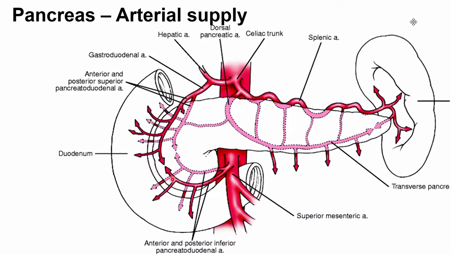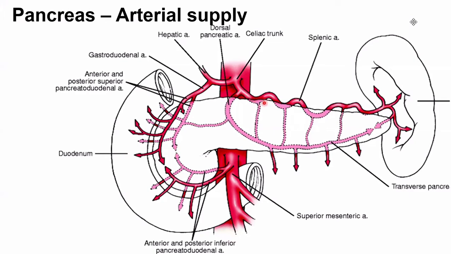And the rest will now be supplied by the superior mesenteric, hindi na sa celiac trunk. Ito yung marks also the transition between the foregut and the midgut, the rest of the small bowel. So these two vessels form an arcade, so they really supply very well the head of the pancreas.